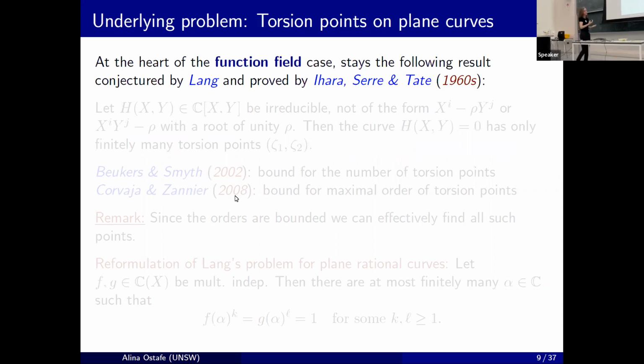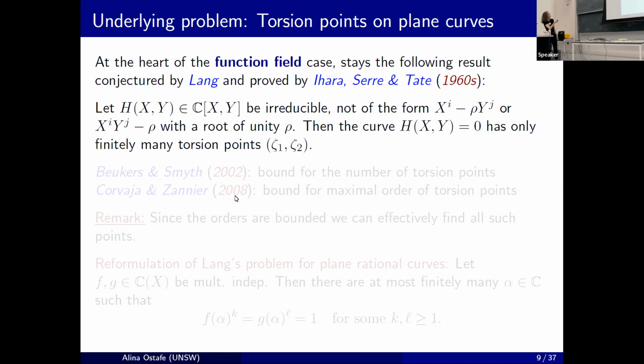So the underlying problem of these unlikely intersection problems is a result conjectured by Lang and proved by Ihara, Serre, and Tate in the 60s. And it's about the presence of torsion points on plane curves.